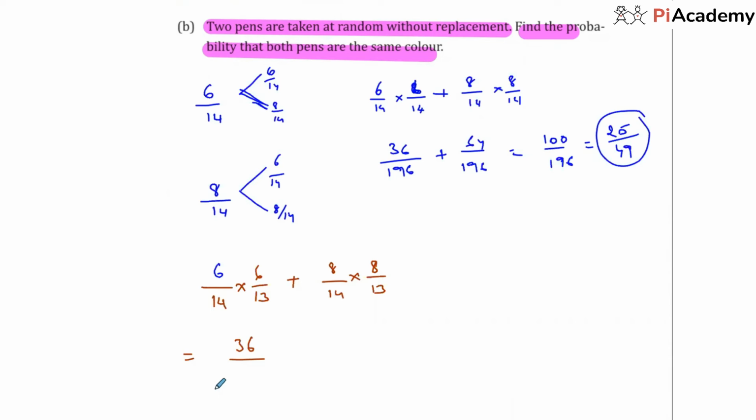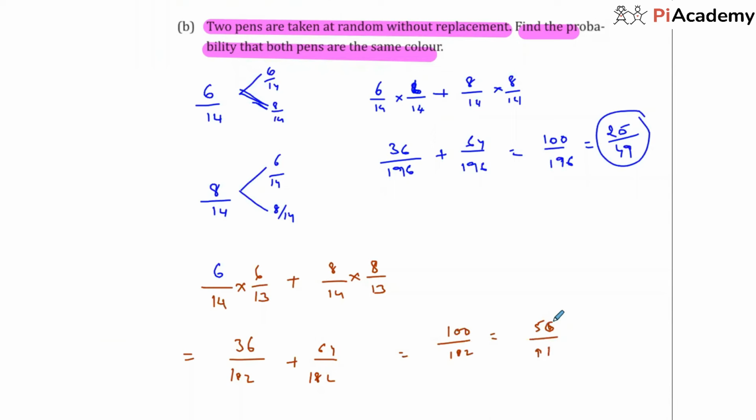So it becomes 36 over 182, and then the same over there, 64 over 182, then 100 over 182, and then you can simplify that to, I think, 50 over 91, right?